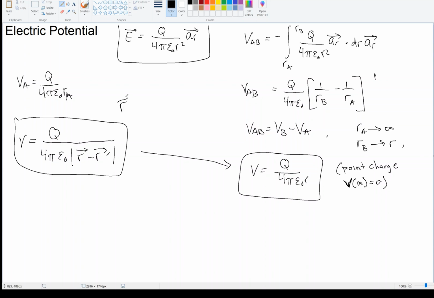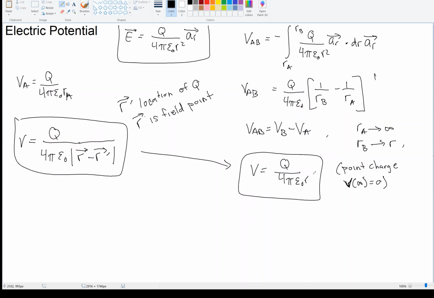Again, r prime is the location of charge Q. R is the field point. At which point in space do you want to know the voltage? Or the potential difference, excuse me. Also, the same tricks apply as did with electric fields. So superposition is the big one. Superposition means that you can add the potentials together.